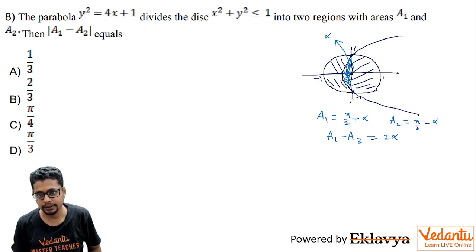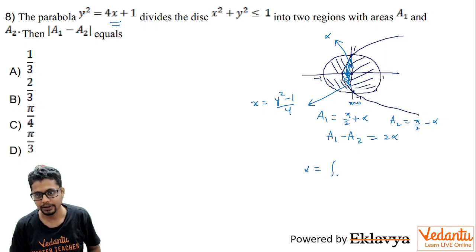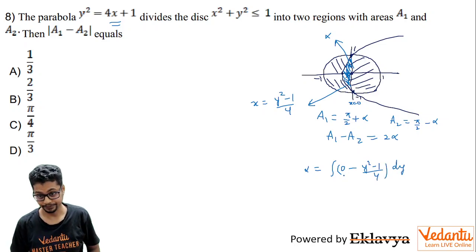So this is the y-axis, which is x equals 0, and this curve is essentially x equals y squared minus 1 by 4. So this alpha will be the integral of the right curve, which is x equals 0, minus the left curve, which is x equals y squared minus 1 by 4, dy, y varying from minus 1 to 1.